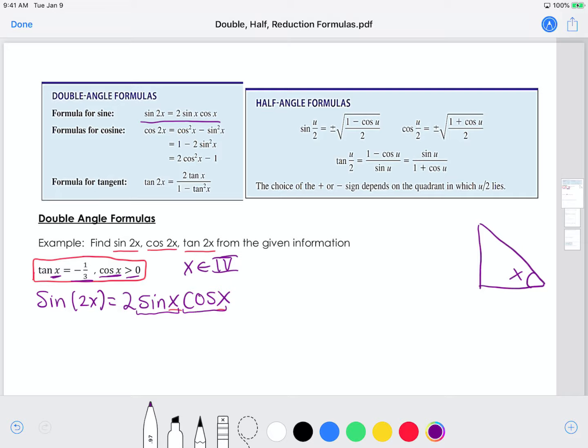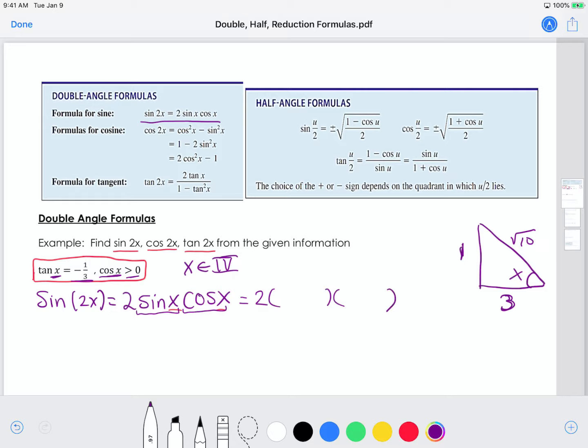Tangent is opposite over adjacent. So the opposite side of x should be 1 and the adjacent side of x should be 3. Then using the Pythagorean theorem, we can find that the hypotenuse is the square root of 10. So now I'm going to use this information to find my values for sine x and cosine x.